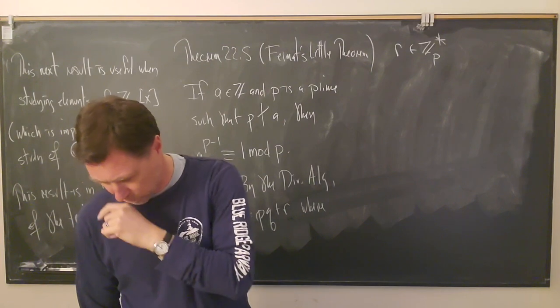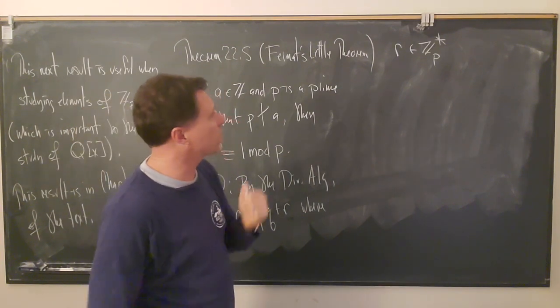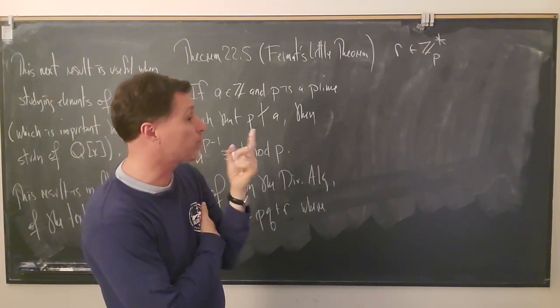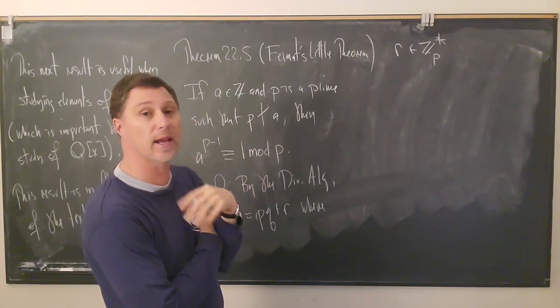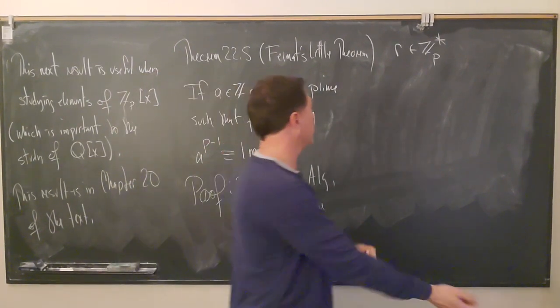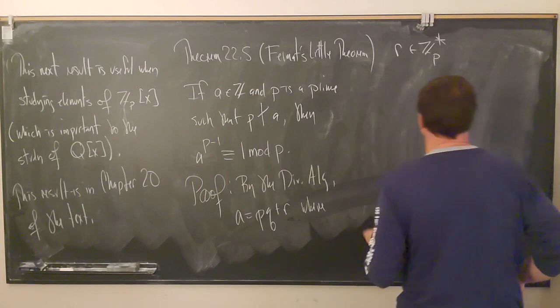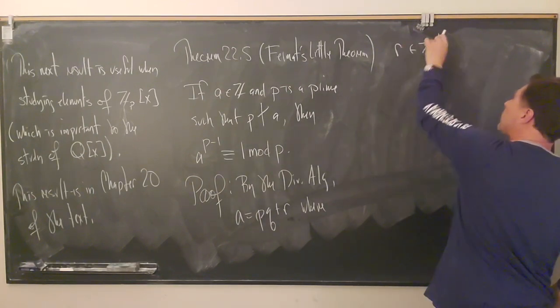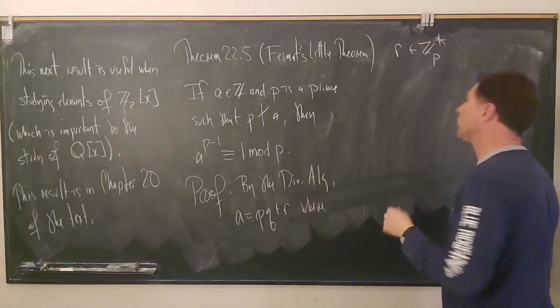Now, p is prime, which means Zp is a field, which means that every non-zero element of Zp is a unit, and so Zp star is actually a group under multiplication.